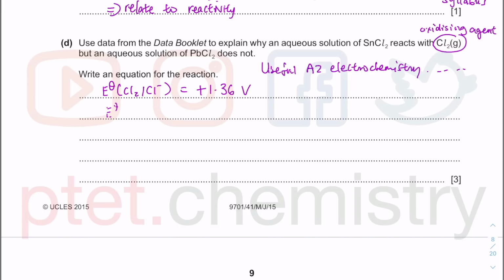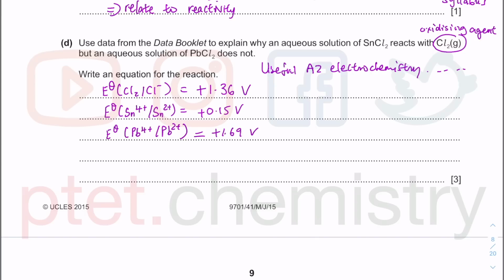So we have E naught for Sn4+ and Sn2+, which gives plus 0.15 volt, whereas the E naught for Pb4+ and Pb2+ gives plus 1.69 volt.